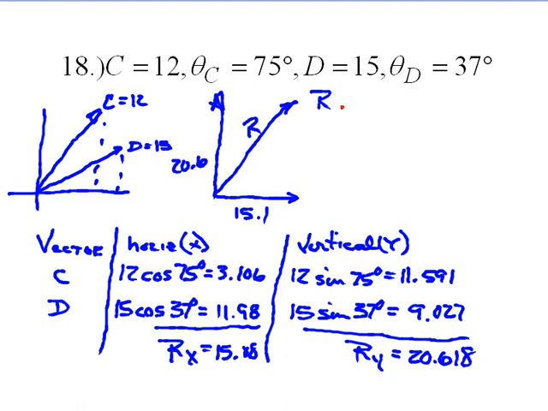So I'm running out of room here. Our Pythagorean theorem, 15.1 squared plus 20.6 squared should give us the magnitude of 25.55.